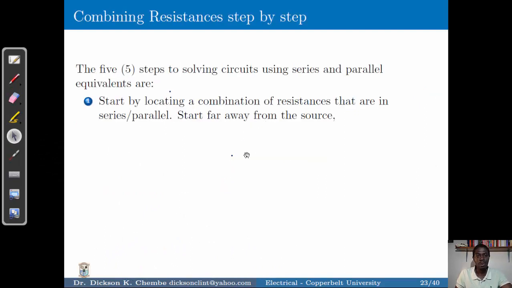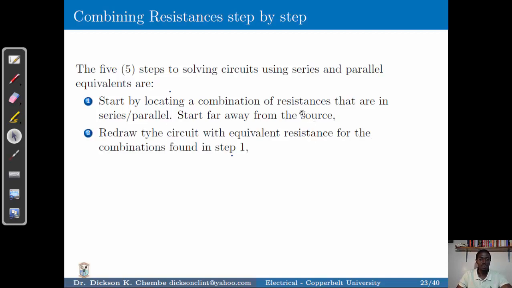Okay, so the steps that we follow to combine these resistances are, first of all, you start by locating a combination of resistances that are in series or parallel, and then you start to add your resistances far away from the source. Then the next procedure is to redraw the circuit with the equivalent resistances for the combinations that you found following step 1.